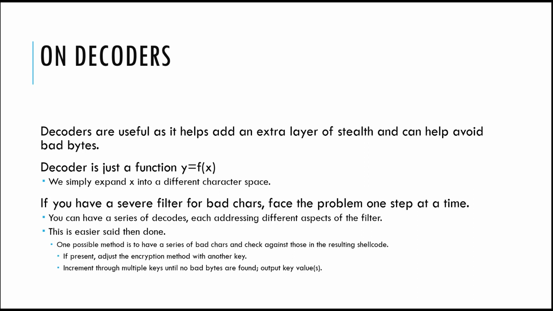So what do I mean by that? I mean that maybe you're doing exclusive OR at a certain location, and you have a key value of, say, 23. 23 doesn't work, so you try 24. That could be one approach, and you could just cycle through things and just let it go until the resulting shellcode is free of the bad bytes.